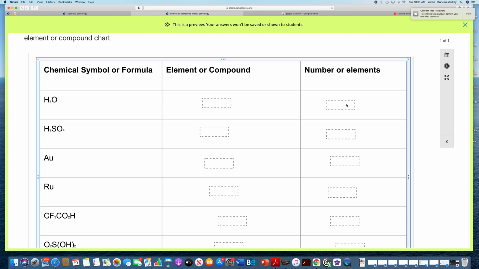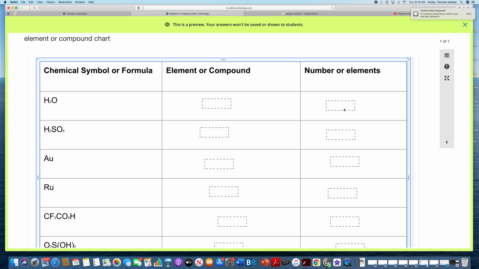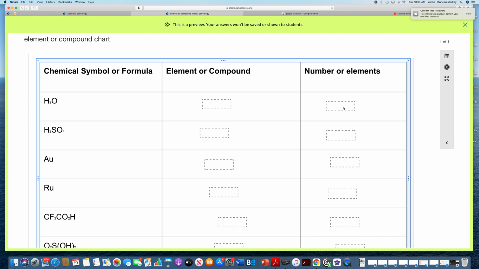The number of elements is the same as the number of capital letters. So we have 2 elements here. If we have 2 elements, we know that it must be a compound because compounds are made of 2 or more elements. So if this number here is not a 1, that means the answer here is compound.